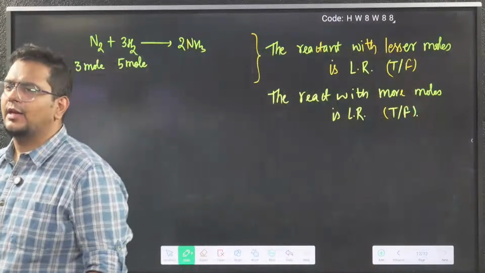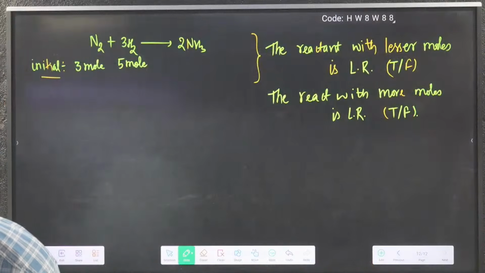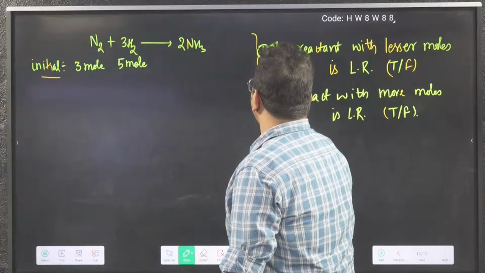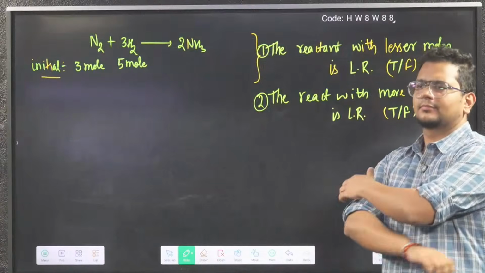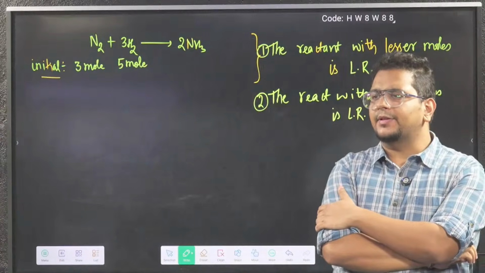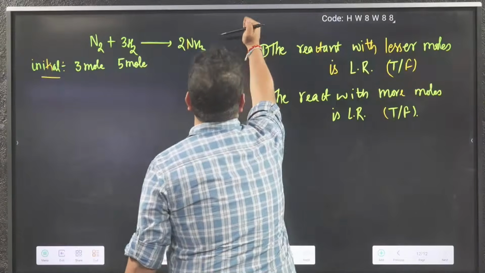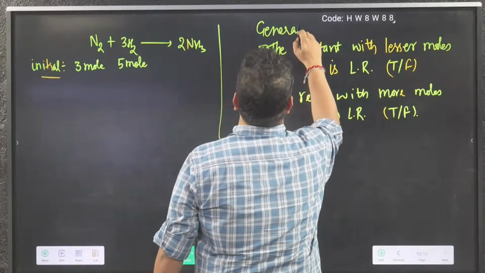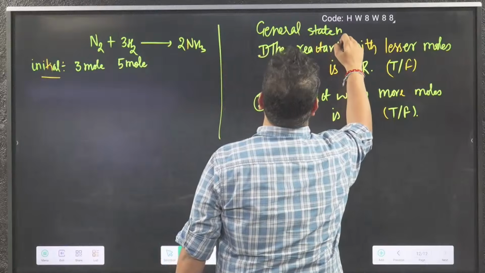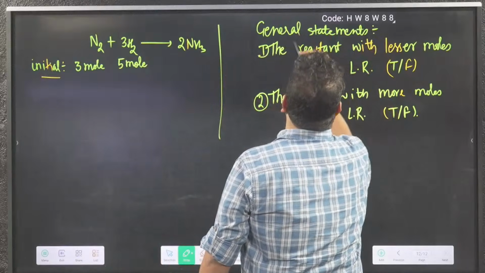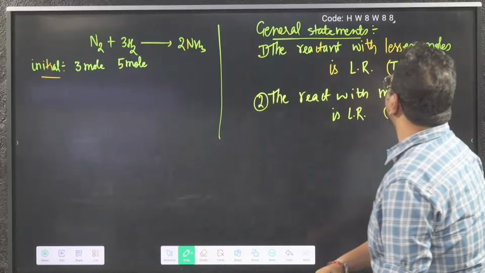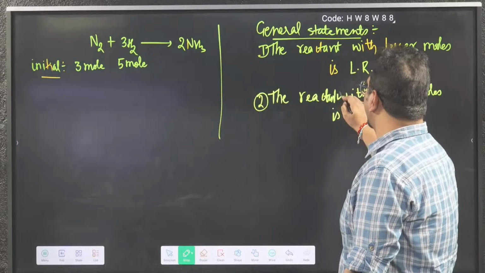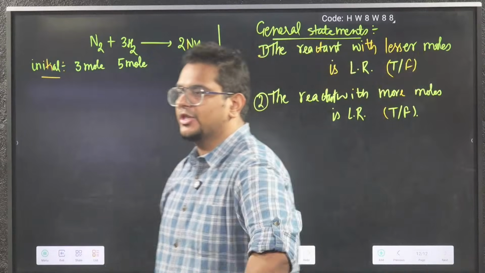The reactant with lesser mole is the limiting reagent. True or false? Statement number 1. What is the answer? Statement number 2. What is the answer? It's a general statement I am giving you. The reactant with lesser mole will be the limiting reagent, or the reactant with higher mole will be the limiting reagent?